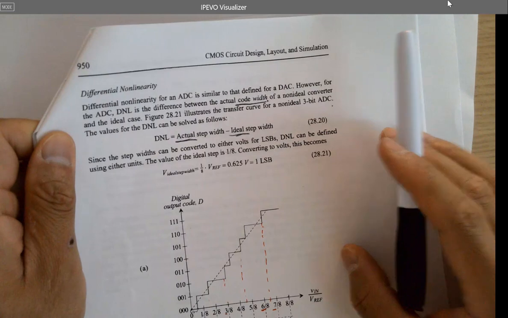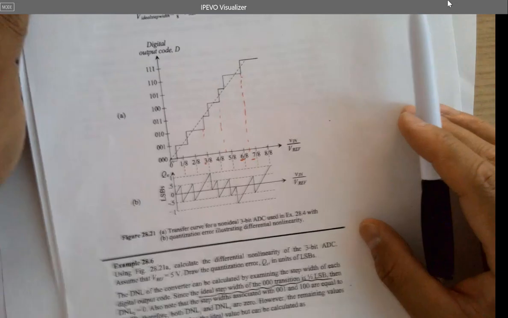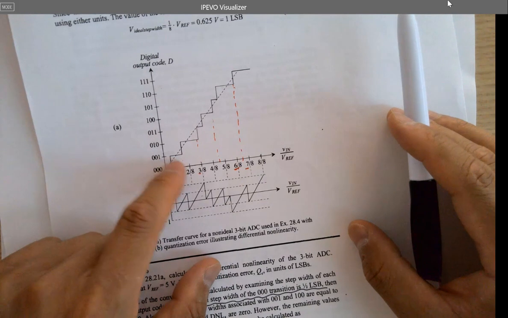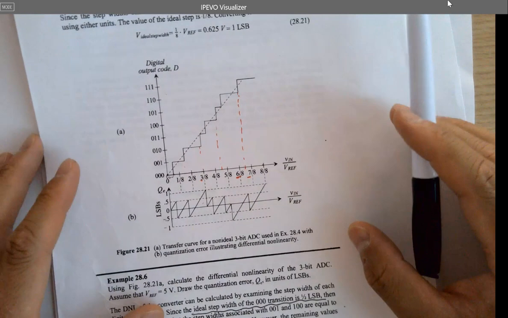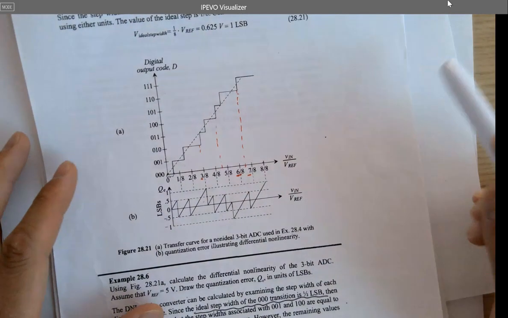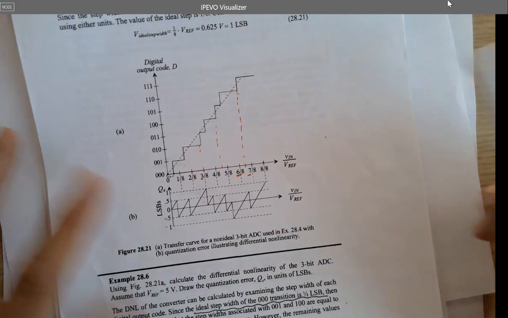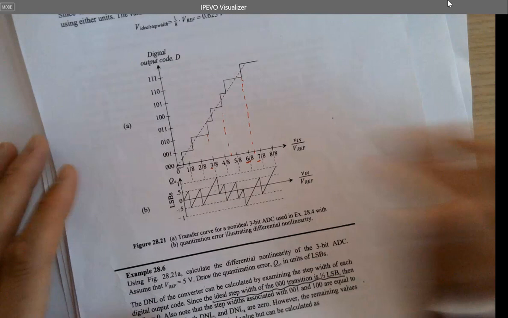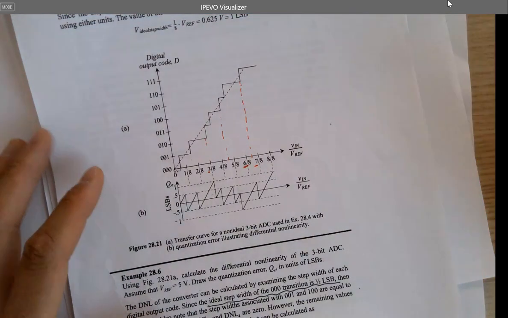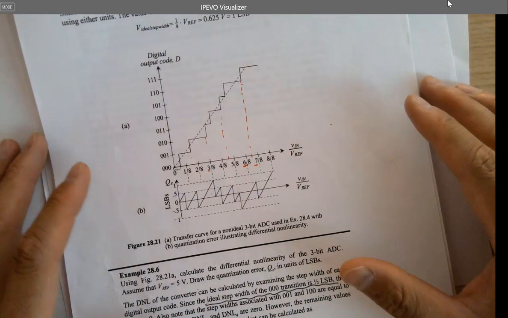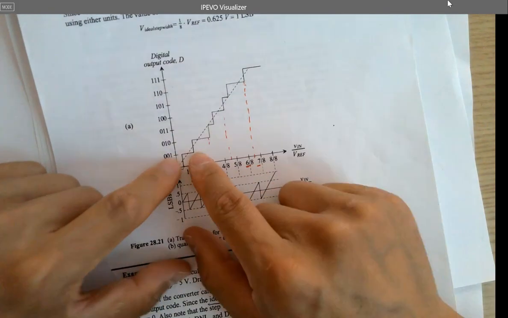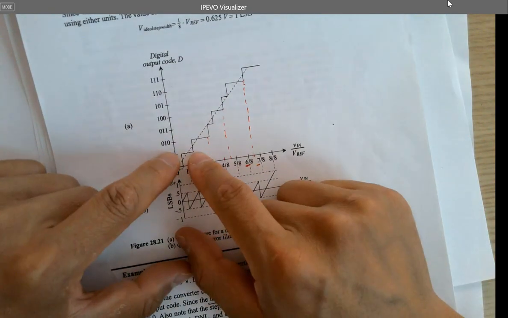Similar to the DAC, we compare each step, the real step size to the ideal step size for 1 LSB. It's very simple to do actually. If you look at the curve, I can tell that super quickly. I just look at the step size over here. So this is exactly what we expected.